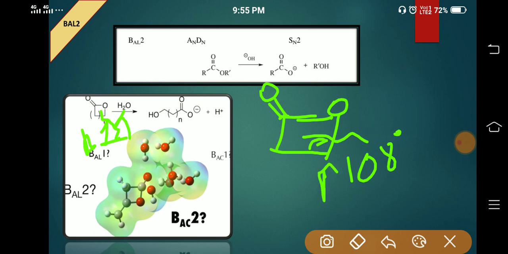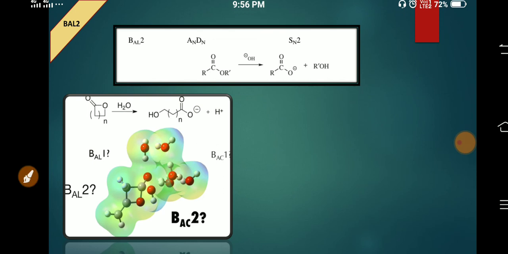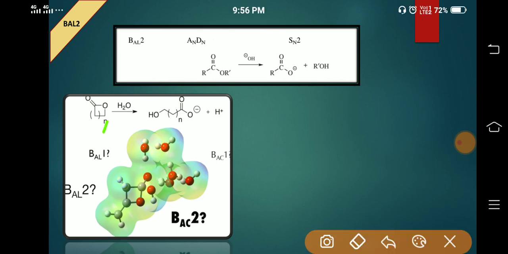Therefore, if base catalyzed hydrolysis of this beta lactone is carried out, it undergoes cleavage of this alkyl oxygen bond to attain the stable angle by breaking the ring, and that can relieve the strain. If this is 1, it is BAL2 type of mechanism.